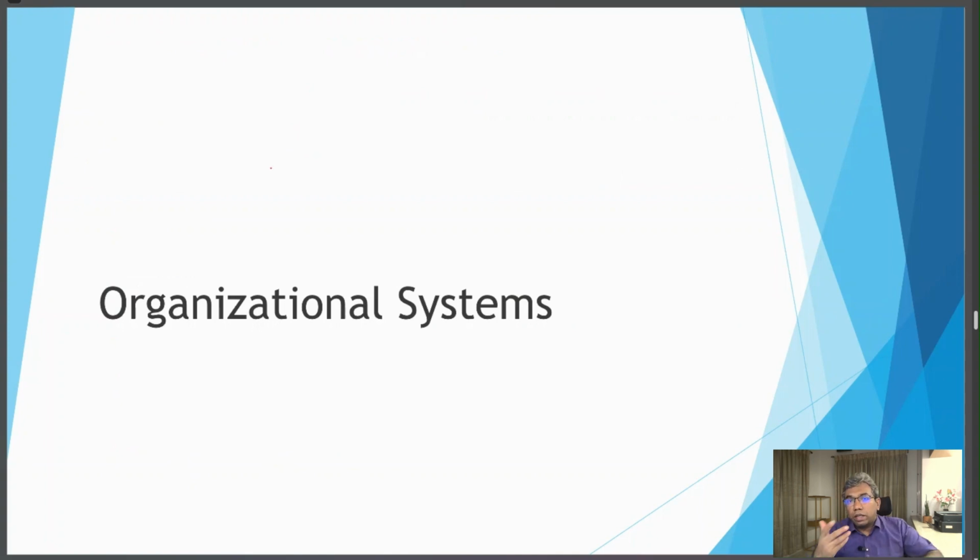Now our fourth topic is organization system. If you look at it in a broader sense, it has high dynamics in an organization, because if you are working in a multinational organization, then they have strict rules and regulations, so that all the organizations across the world can maintain a similar harmony.